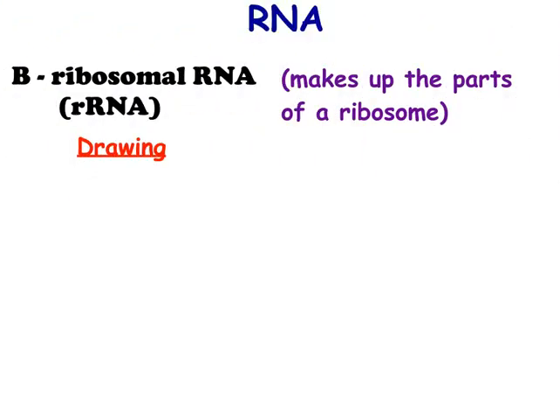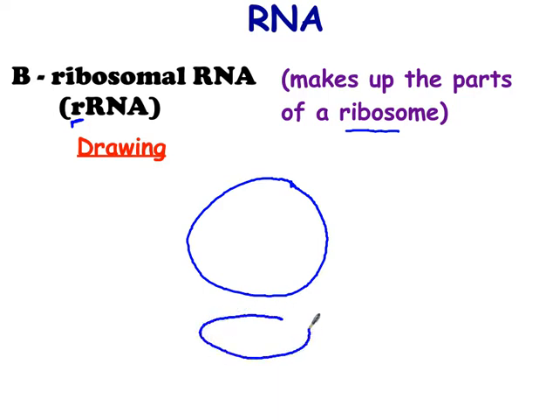The second type of RNA is called ribosomal RNA, or rRNA, and its job is to simply be the ribosome. It makes up the parts of the ribosome. So if we were to draw a ribosome, it actually kind of looks like one big blob and then an empty space and then a smaller blob right below it, kind of like that.